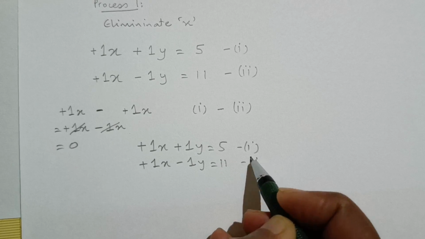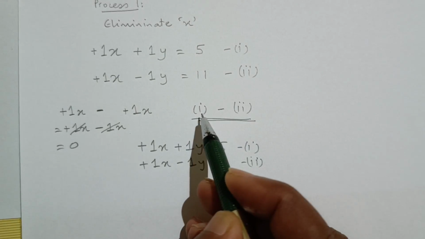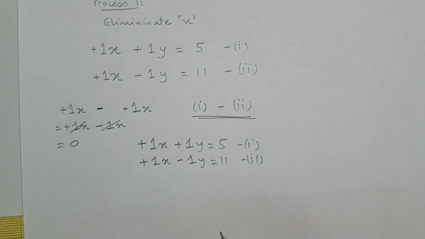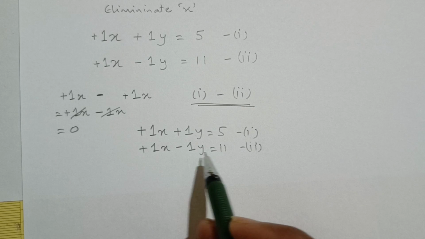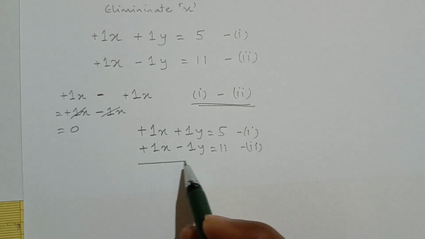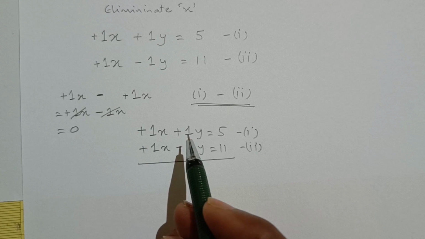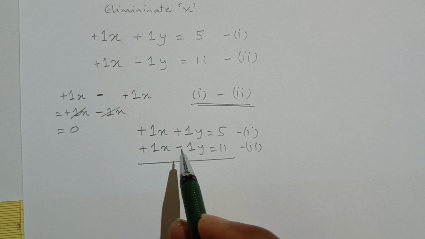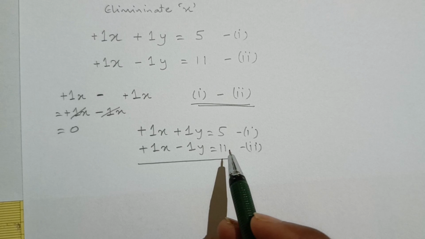This is equation number 2. And we are doing equation 1 minus equation 2. That means on the left hand side we will do equation 1 minus equation 2, and on the right hand side also we will do equation 1 minus equation 2.